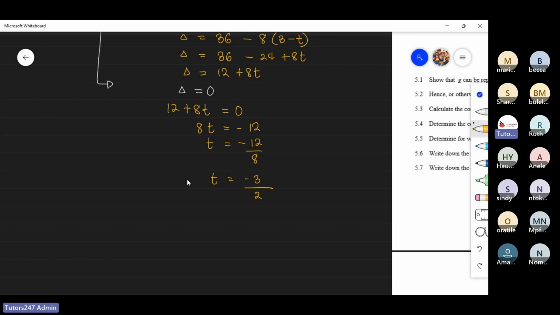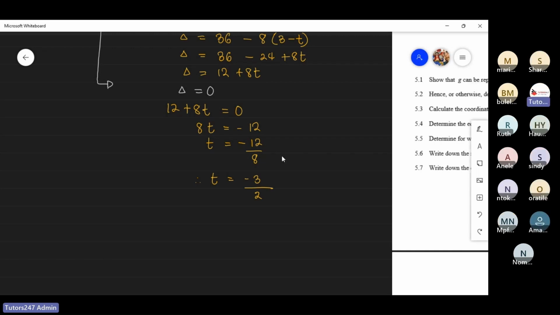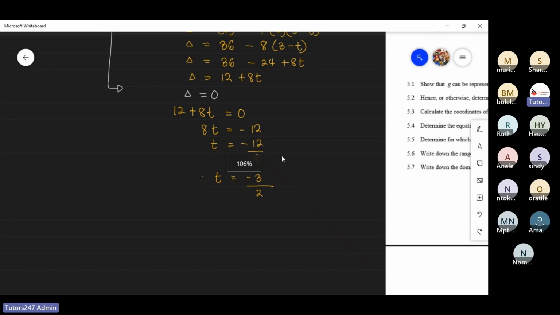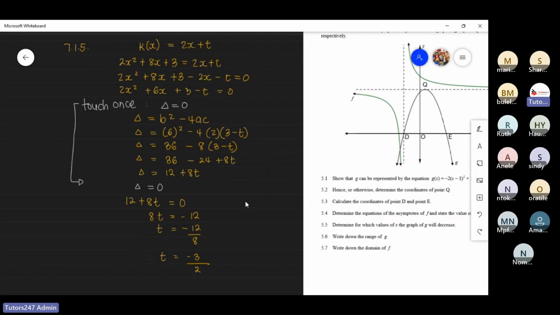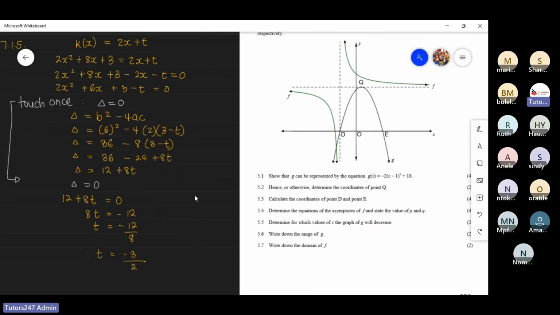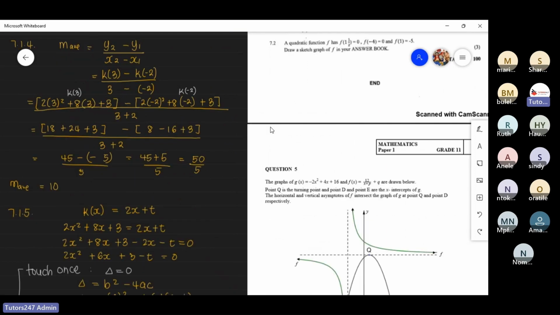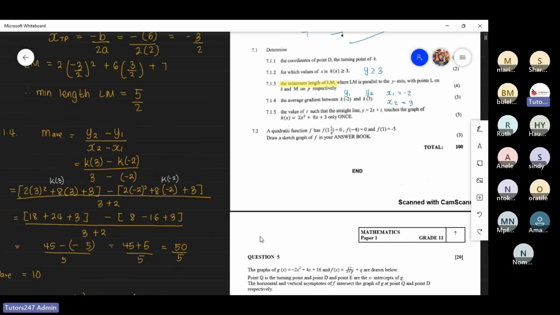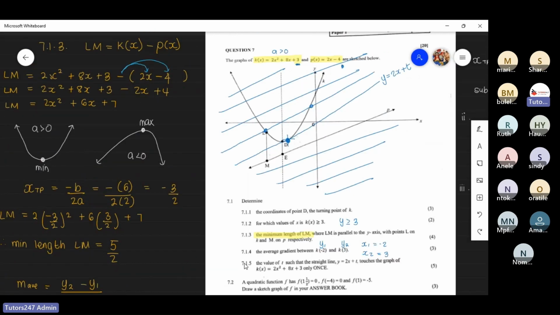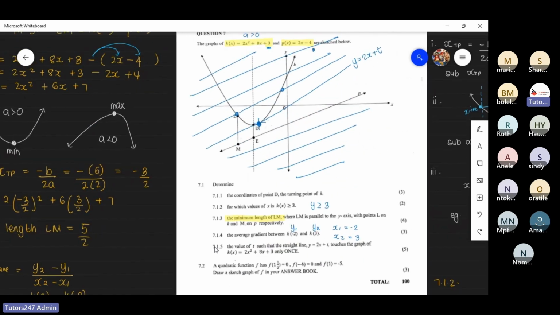So your final answer is then going to be minus 3 over 2. So that is all we needed to do. We needed to find the value of t such that the straight line y equals 2x plus t will cut our function k only once.